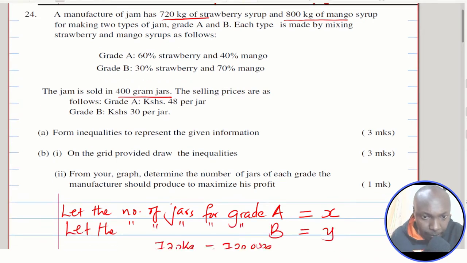Now in mixing, we are going to first consider the strawberry for both grade A and B, and then we go to the mango.